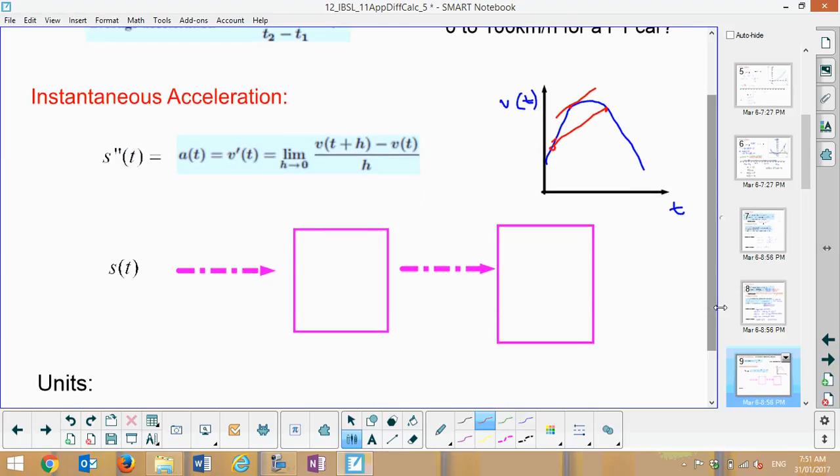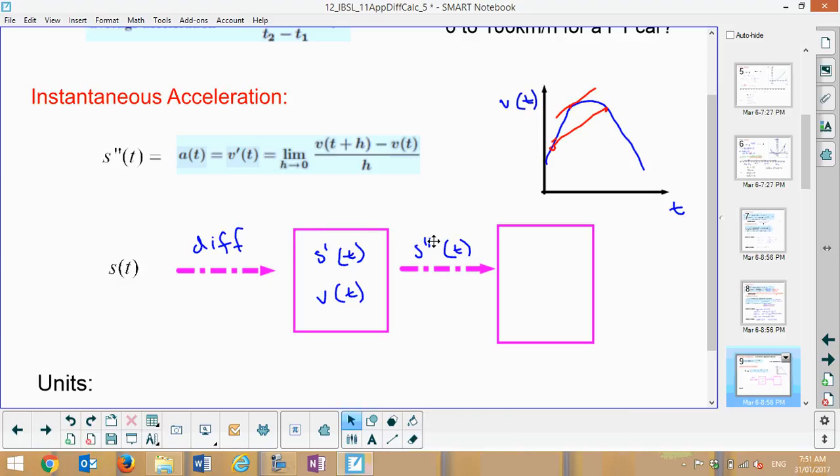In other words, we start with our displacement, and if we differentiate, we get our first derivative, and that's our velocity. Then if we differentiate again, we get our second derivative, which is our acceleration.